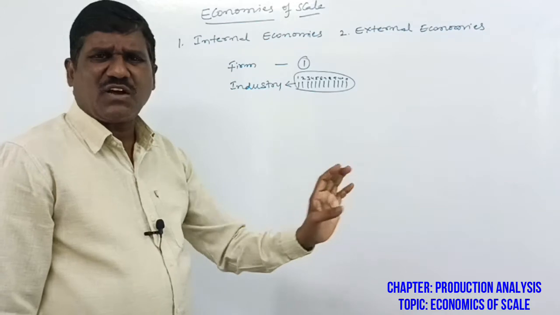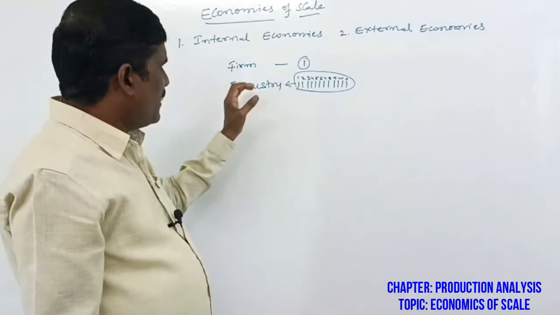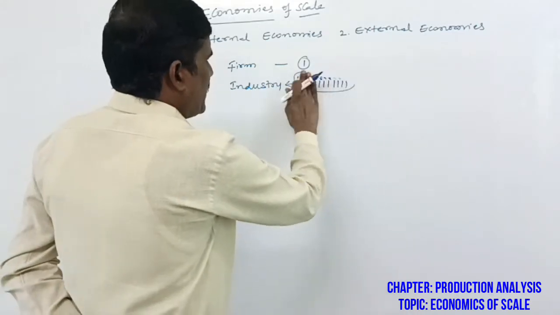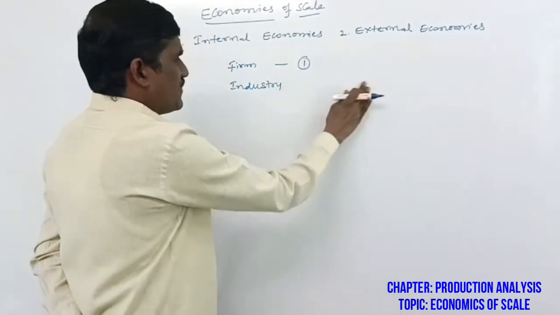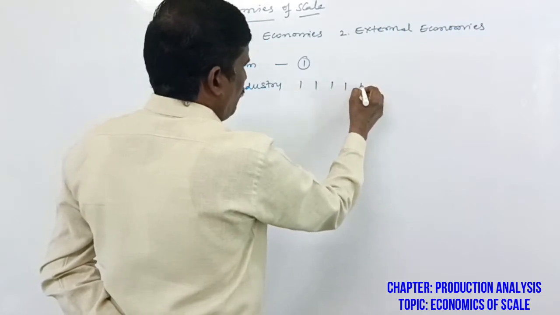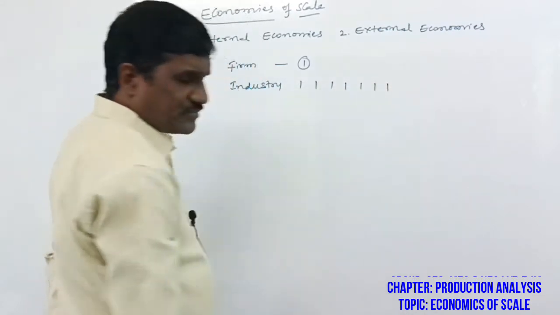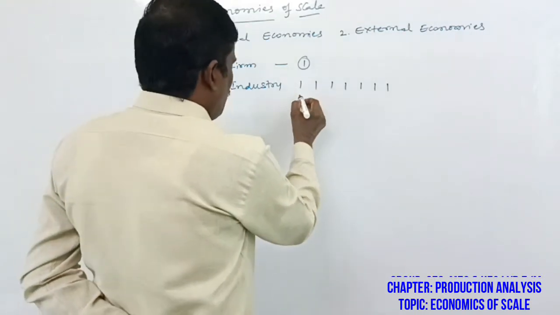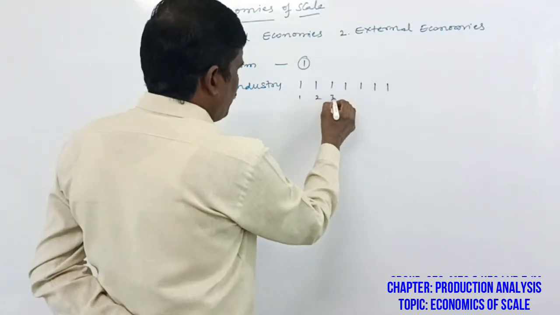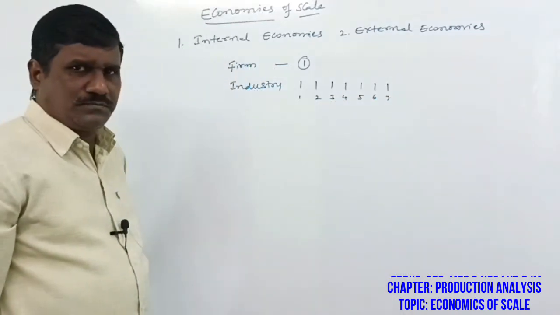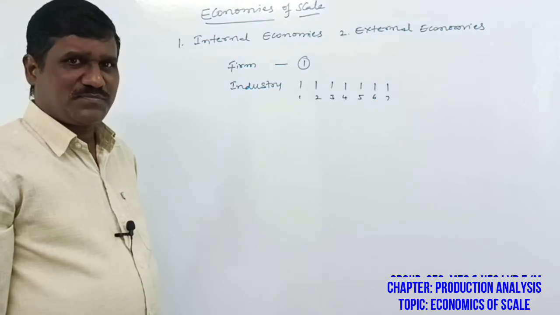Then here, internal economies. What is internal economies? We apply it to the firm and industry. Let me analyze it clearly. Here are 1, 2, 3, 4, 5, 6, 7. These together are called the industry, and this is one firm, this is the second firm, third, 4, 5, 6, 7. These are firms.